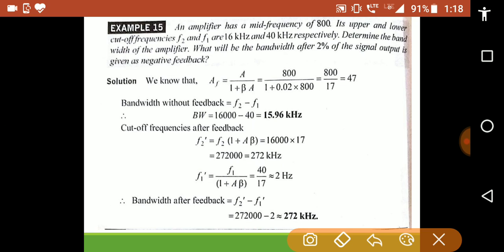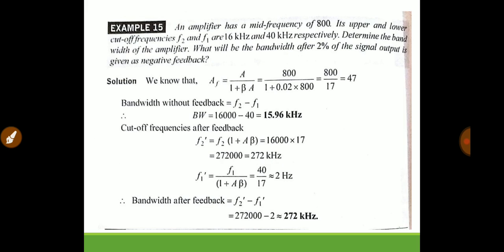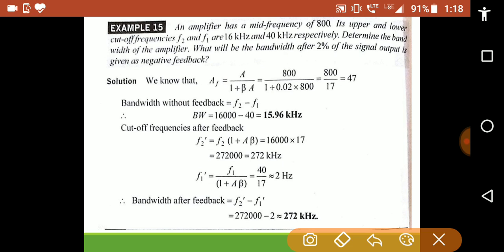We know that the higher cutoff frequency will increase, meaning f2 dash equals f2 into 1 plus A beta. We know that f2 equals 16 kilohertz and 1 plus A beta equals 17. So f2 dash equals 16 kilohertz into 17, equal to 272 kilohertz.